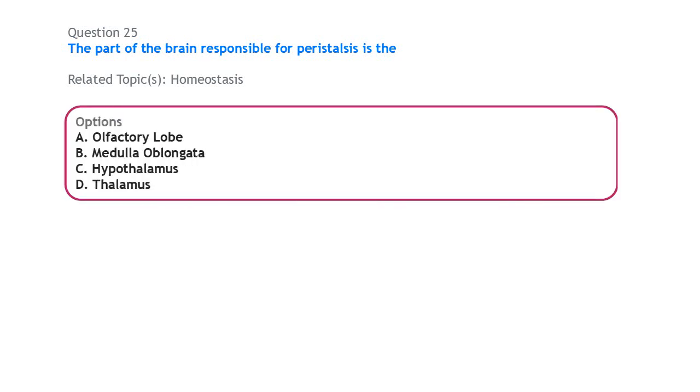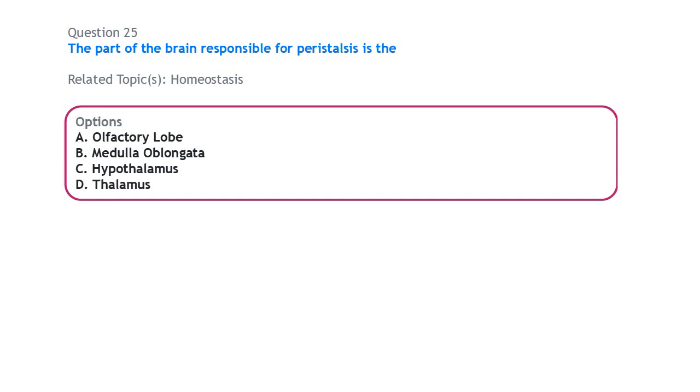Next, also on homeostasis, the part of the brain responsible for peristalsis is the medulla oblongata. So peristalsis refers to the movement of substances down the body through the rhythmic contraction and relaxation of tissues in the body.